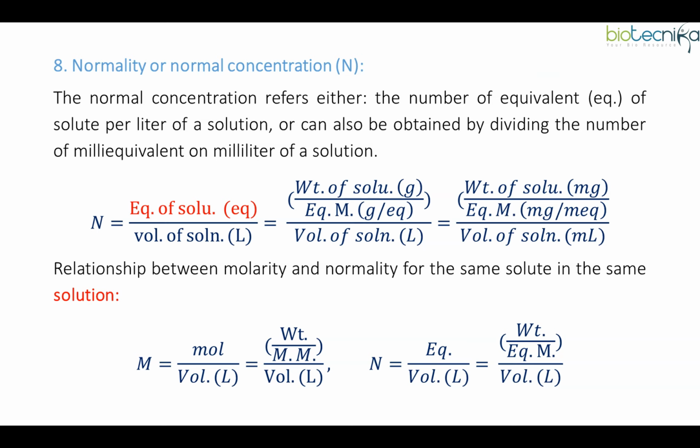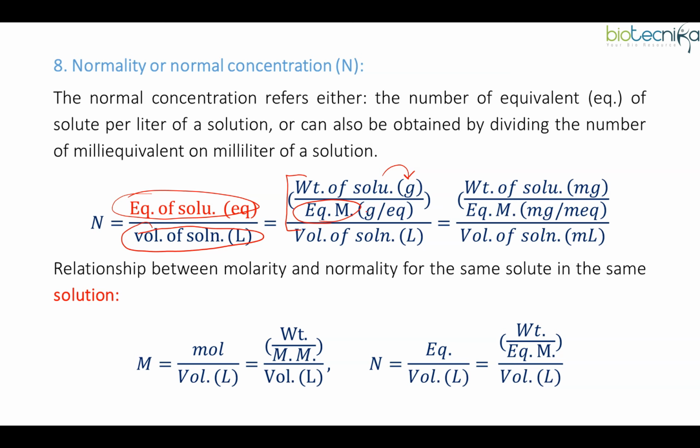Now here our denominator is the same as molarity, volume of solution, which we'll take in later. But instead of taking just the molar mass, we have to take something called equivalent weight, equivalent number of the solute. Okay. So what is this equivalent number? It is equal to the weight of the solute expressed in grams divided by the equivalent mass.